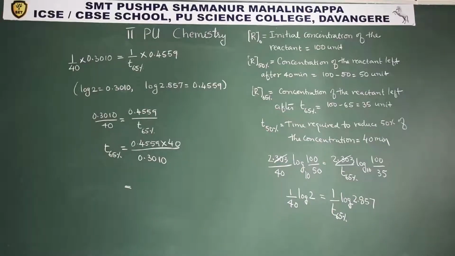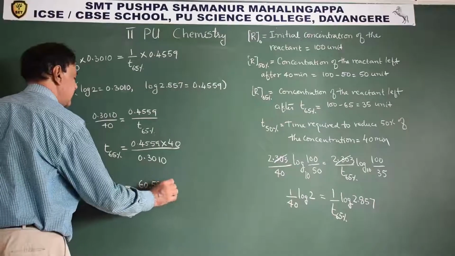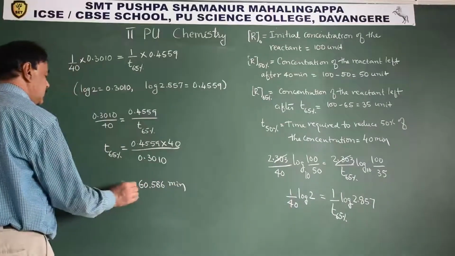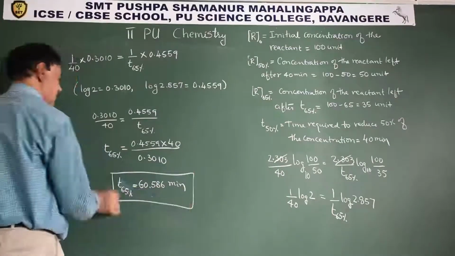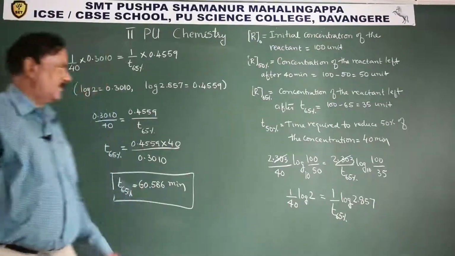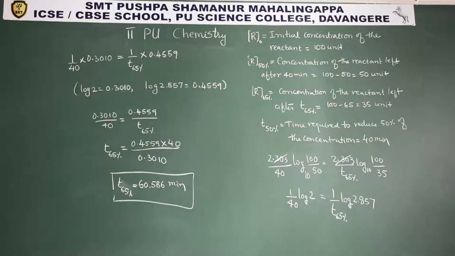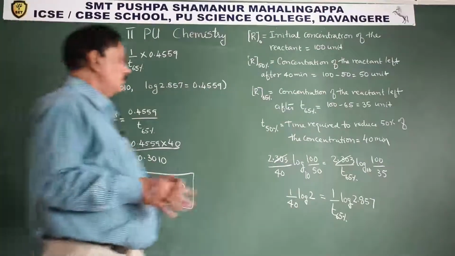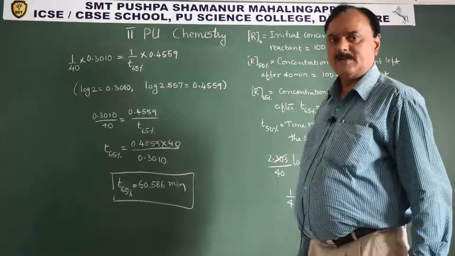Simplify, its value is found to be 60.586 minutes. This is nothing but the time required to complete 65% of the chemical reaction. Is it clear? This is how to calculate the problems of the first order chemical reaction.